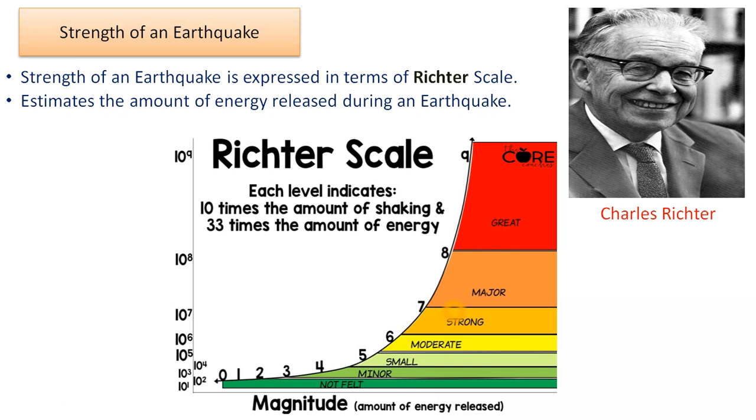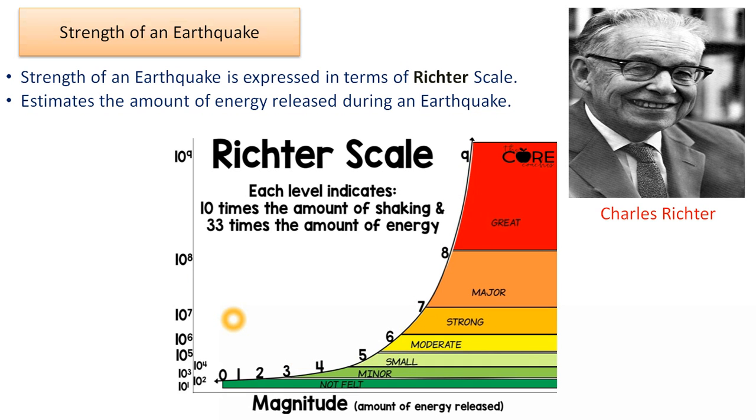This magnitude is taken along the x-axis. But on the y-axis, we take the amplitude produced by the shaking of the earth. Do we measure that amplitude? Yes, but for that purpose, we have a separate device which gives us the amplitude, and the logarithmic value of the amplitude is taken on the x-axis.